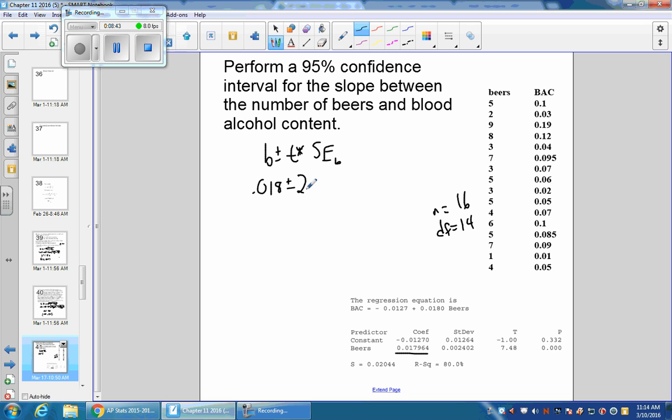And I found that to be 2.145. And now the standard error of the slope is this next number here, which is 0.002402. So now we just figure this out, 2.145 times 0.002402.